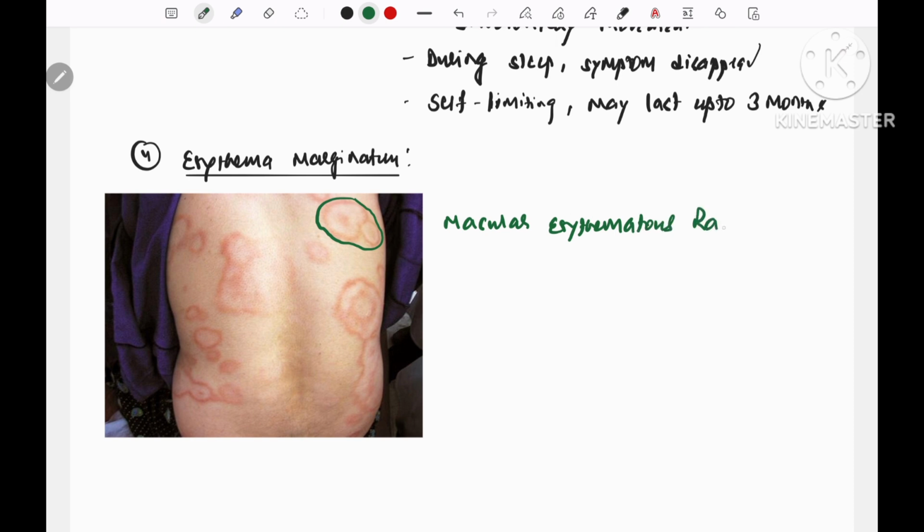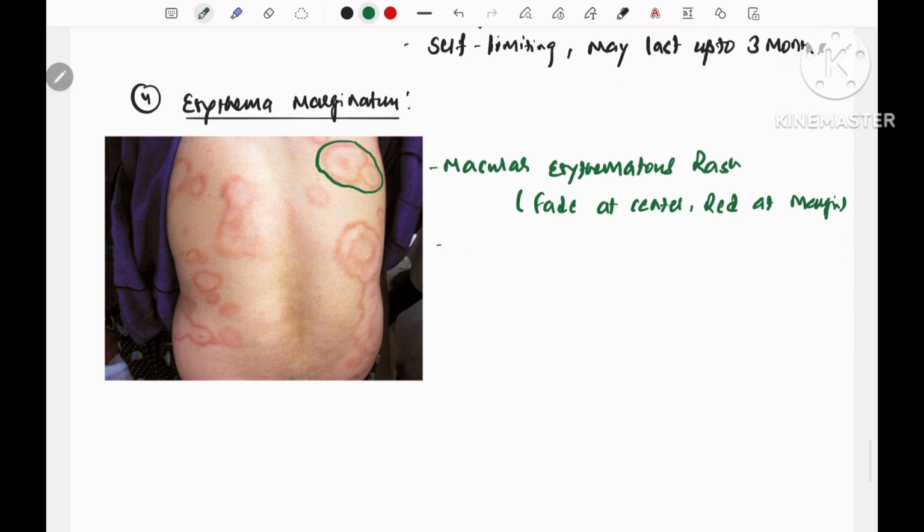The center is clear and the margin is erythematous. So this is a macular erythematous rash which fades at the center and is red at the margin. We have to know this. And this is most commonly present on the trunk and extremities.